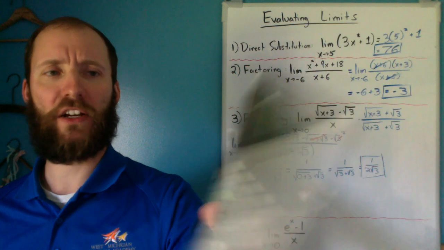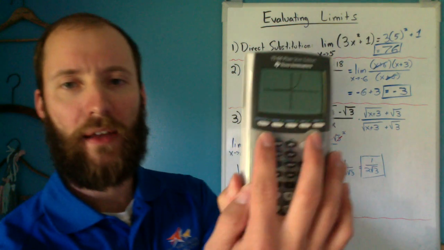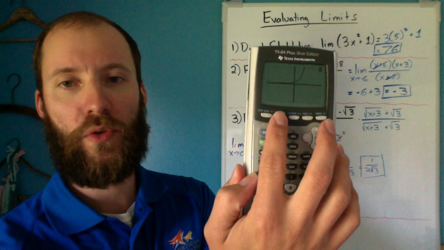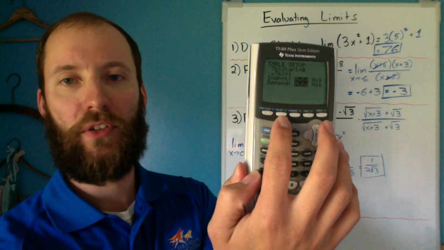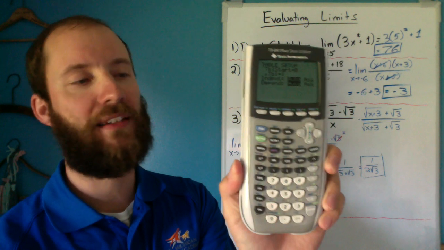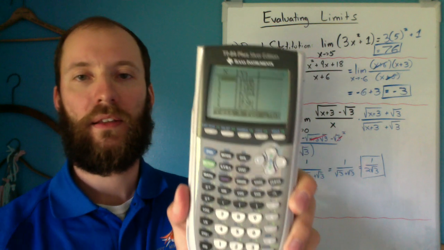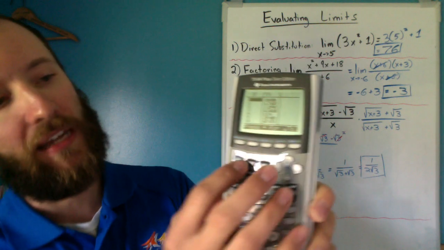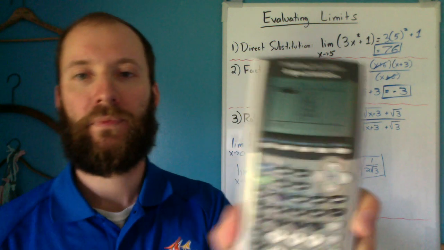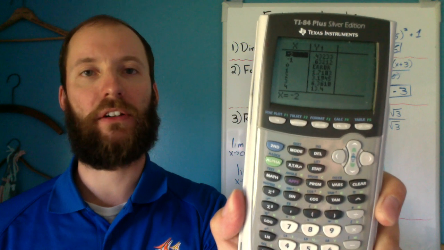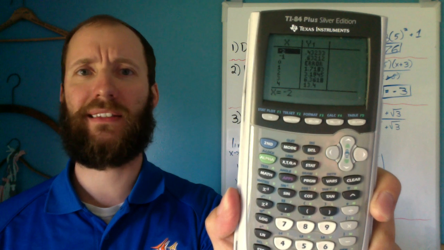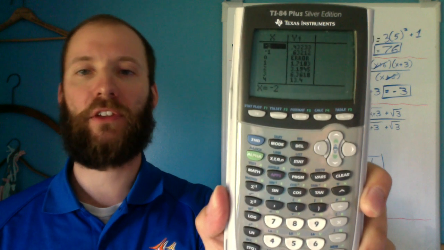Looks like an exponential function. So then I'm going to go to my table setup. All right, we're going to start at x equals 0, delta table of 1. So I second table, and I look here and I say, at x equals 0, it's an error, which makes sense because this doesn't exist at 0. And to the left and the right, I see different numbers.